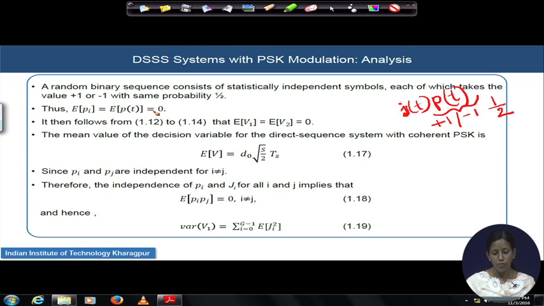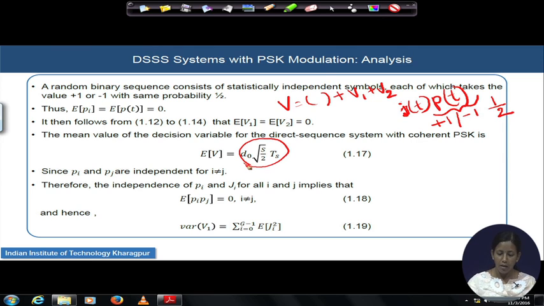Then the mean value of V 1 and the mean value of V 2 in V, which had a component from the signal: we already saw that the mean value of V 2 is equal to 0. Now we have proved that if you use a random binary sequence, the mean value of V 1 is also 0. So both are equal to 0, and the mean value of V you end up with is the expression d 0 square root of E_s by 2 T_s.